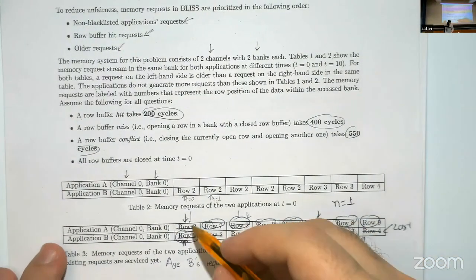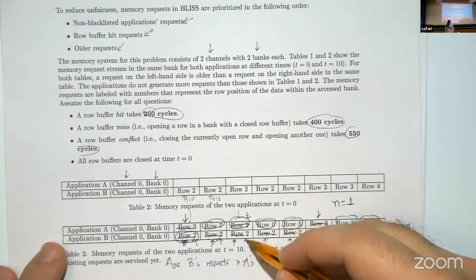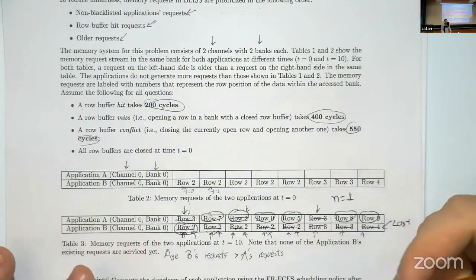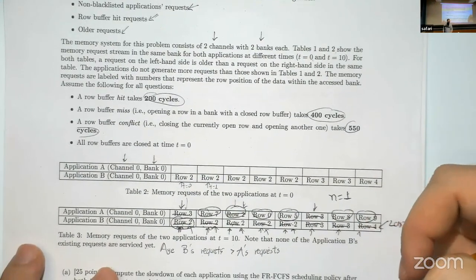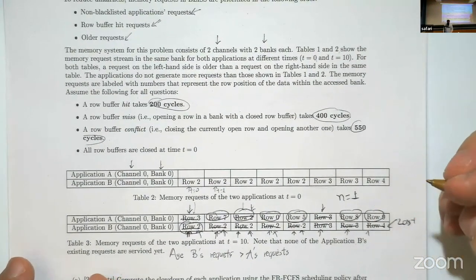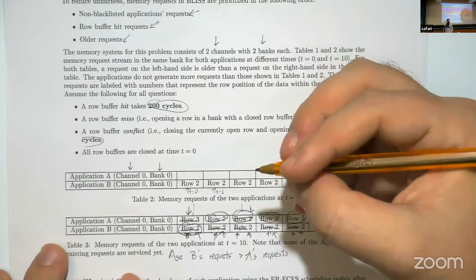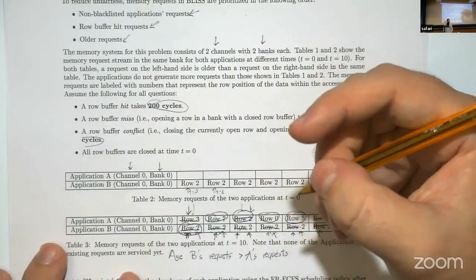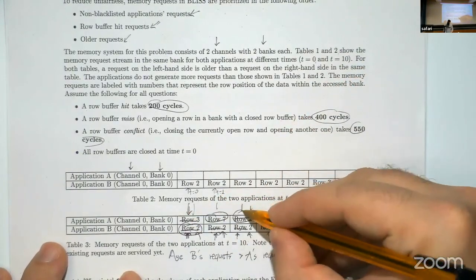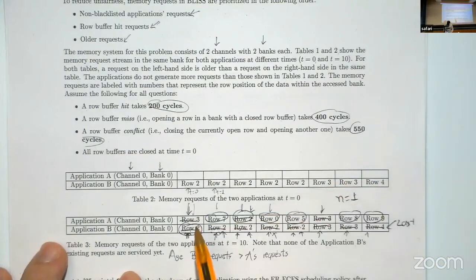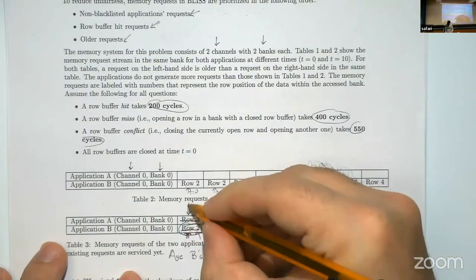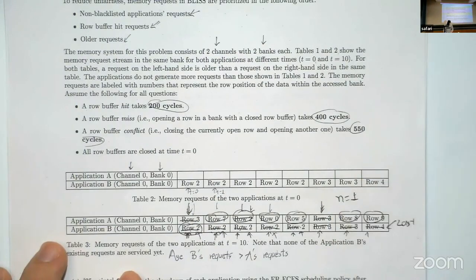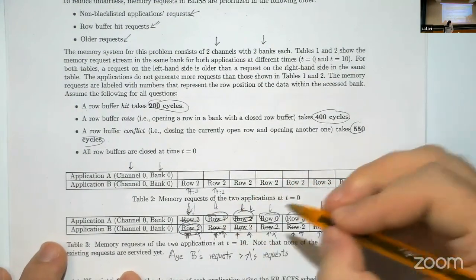So if you pick, let's say, randomly a number n equals 5, what will happen is the following. You will activate row 2, row 2, row 2, row 2, and row 2 here. And immediately, B is blacklisted, right? So what will happen next? You will service 5 requests from application A: 1, 2, 3, 4, 5.